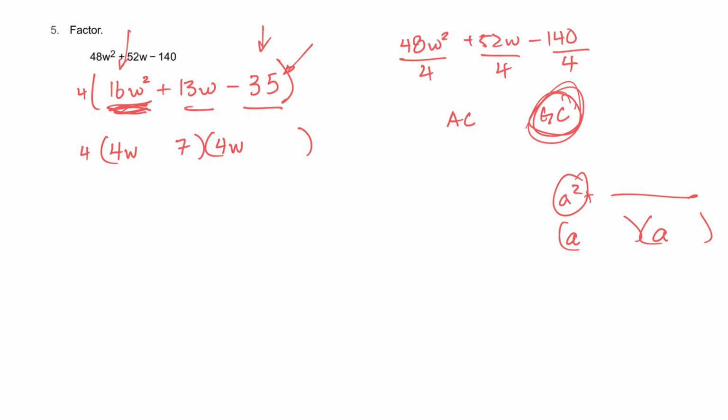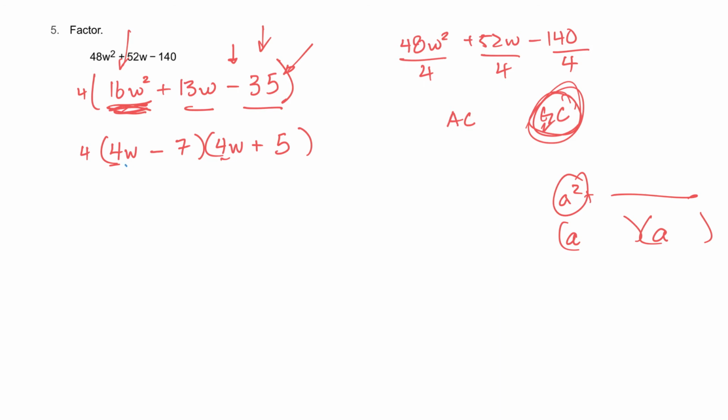So since 4 and 4 are the same numbers, it doesn't matter where I put the 7 and the 5. So put a 7 there and a 5 there. Now I've got to figure out minus and pluses. Since this is minus, one has to be a minus and one has to be a plus. Let's just guess. Let's put a minus here and a plus there. Now I've done all my guessing. Now I need to do the checking.